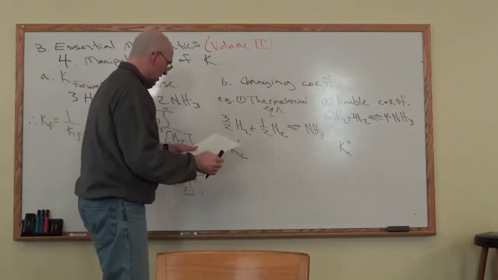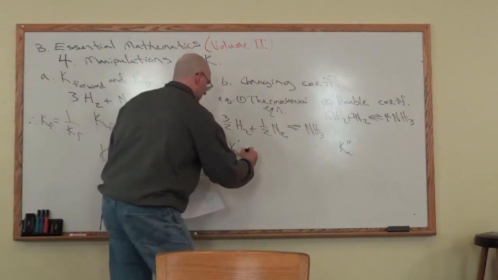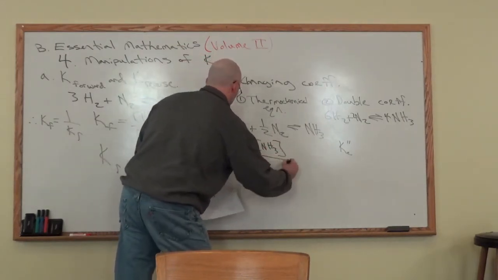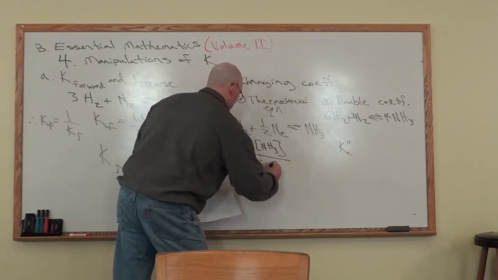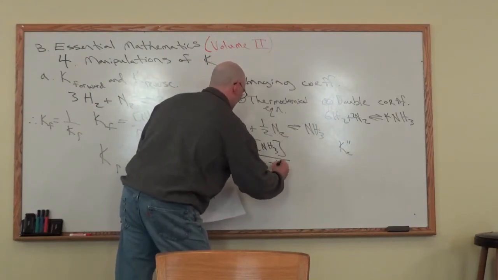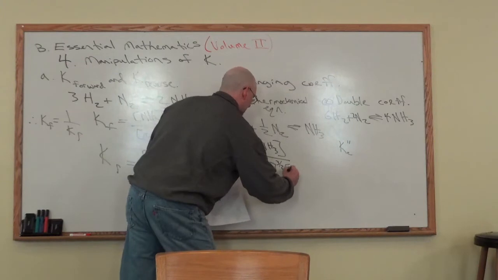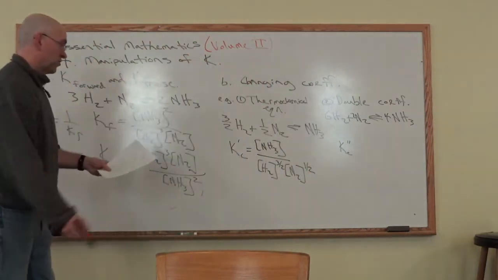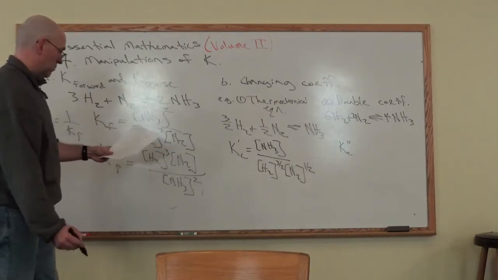So in this case, it would be ammonia over hydrogen to the 3 halves power, which is kind of a pain, times nitrogen to the 1 half power.